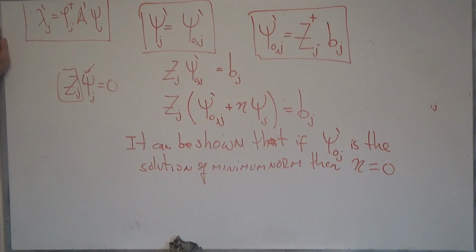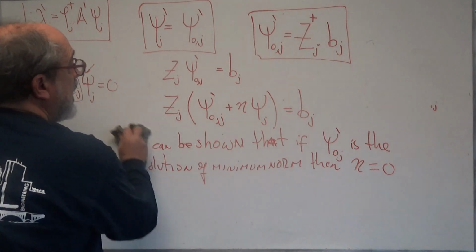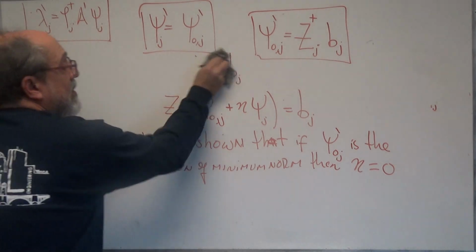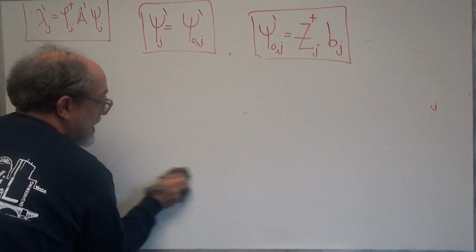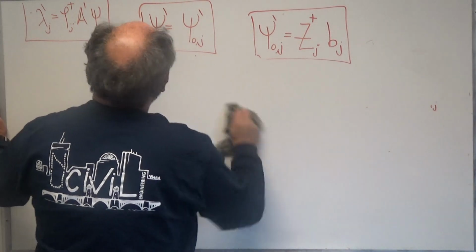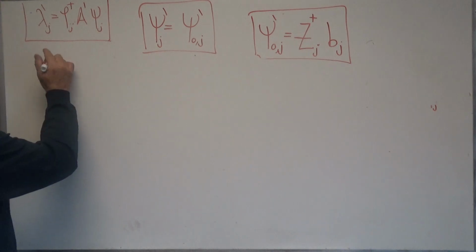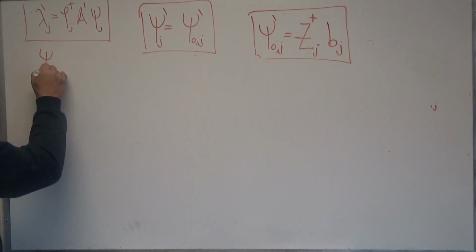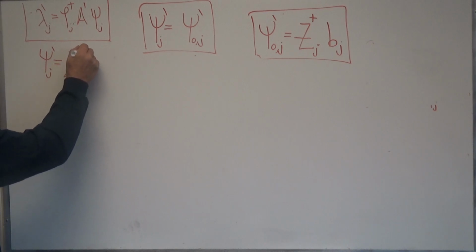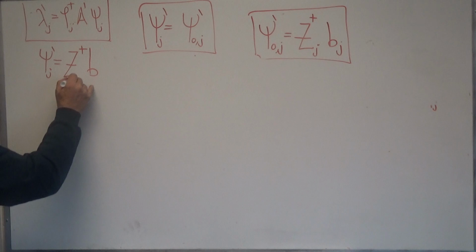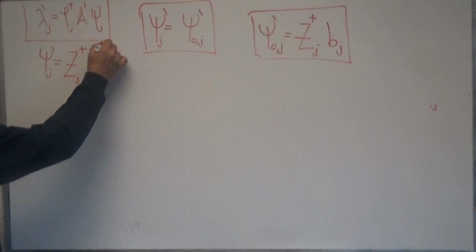Okay? And then we complete our equations by gathering on this side the following result. Phi j prime is equal to Zj pseudo-inverse times bj.